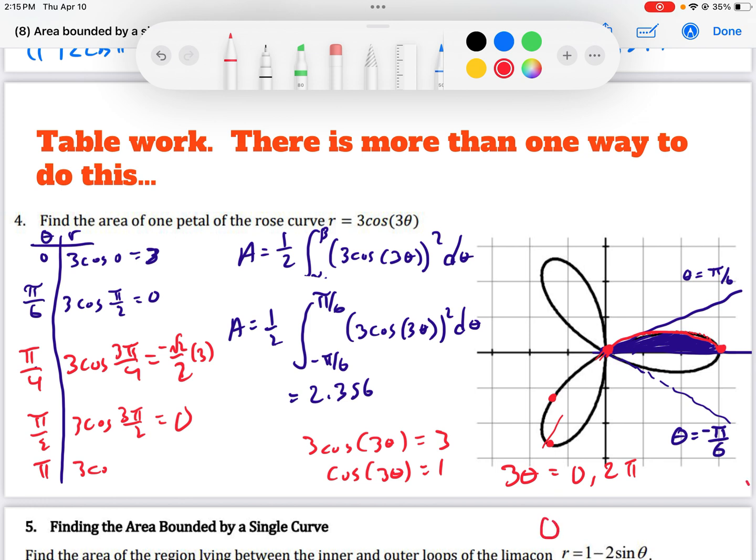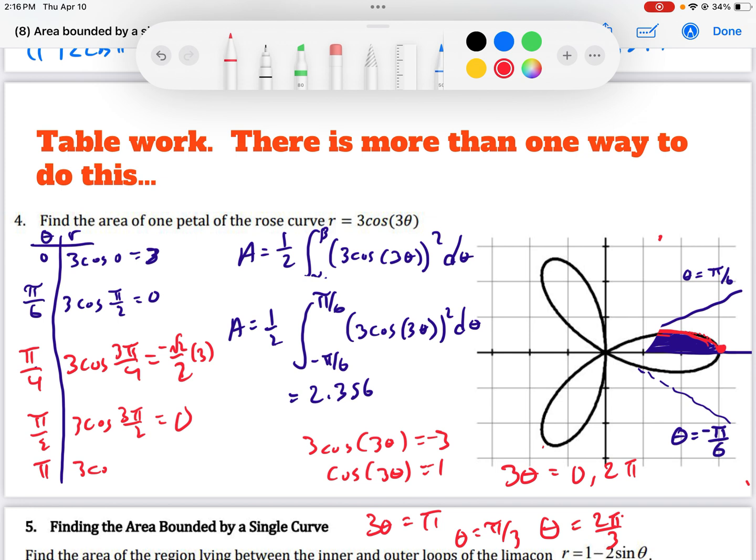So when theta is equal to 2 pi over 3, it's like 120 degrees. That doesn't seem right either. So it goes here, here, here, here. When was it there? Was it negative 3? Isn't it negative 3? When is cosine negative 1? When the angle is pi, so theta is equal to pi over 3. So when I have pi over 3, it's going to be back here at 0.